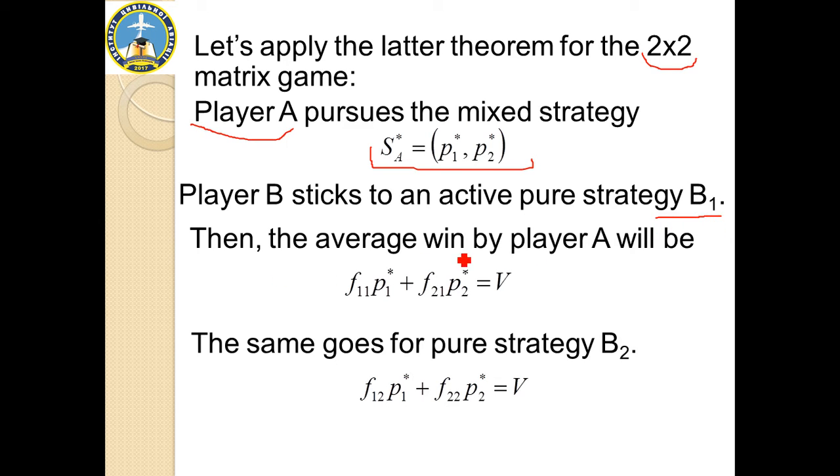Then the average win by player A will be found as this single sum. We sum the payoffs of the payoff matrix across the row of the matrix, so we multiply these individual payoffs by shares used by player A.